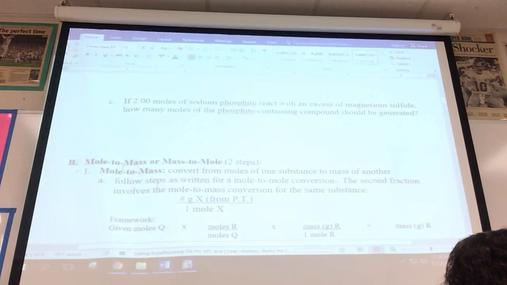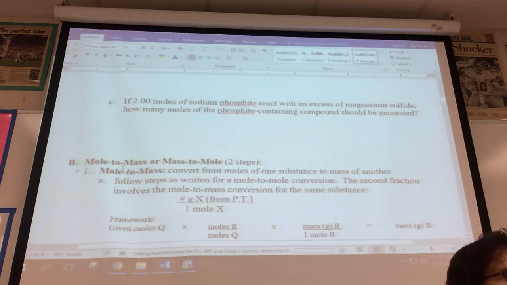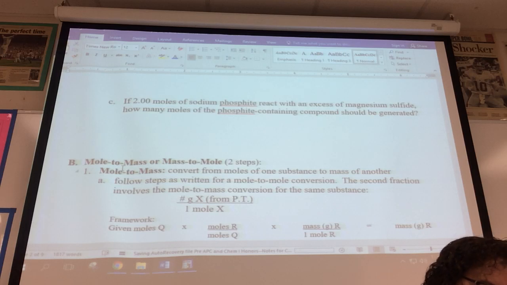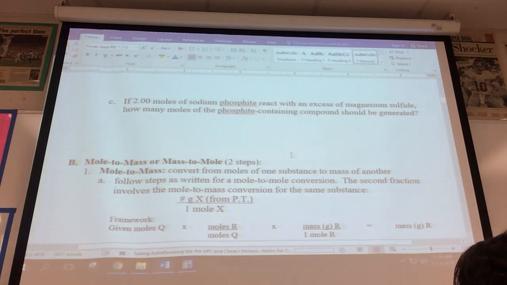Try? Alrighty. C says if 2 moles of sodium phosphate react with an excess of magnesium sulfide, how many moles of the phosphate-containing compound should be generated? I'll have you do it yourself. I want you to first tell me the given and the unknown.